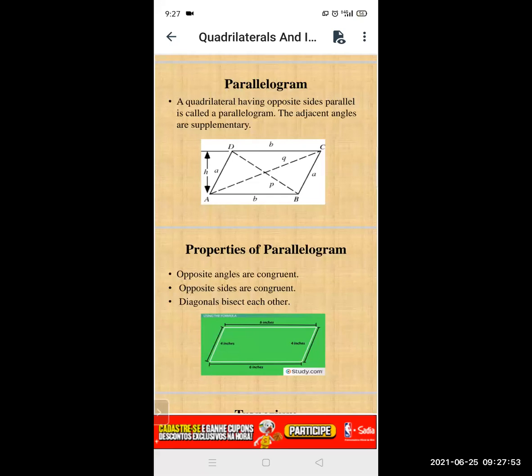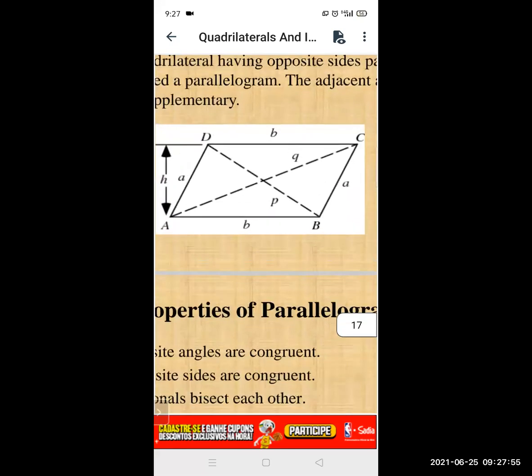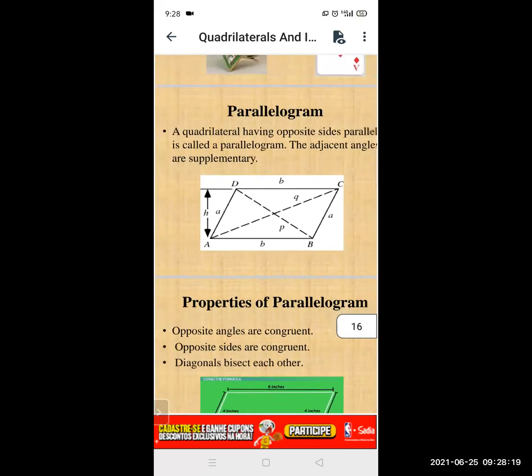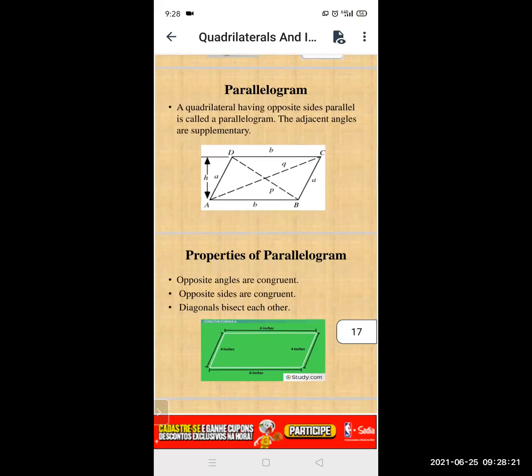The distance between AB and DC is B. If you see this figure clearly, the distance between AB and DC is B and B, and the distance between AD and BC is A and A. So opposite sides are congruent and opposite sides are parallel. This is a very important thing to know about the parallelogram.